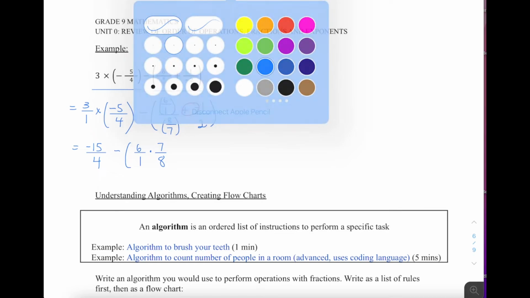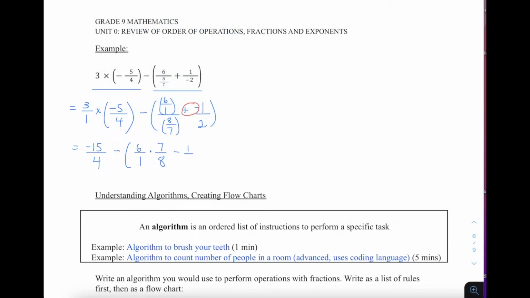So overall, this would be the same as subtracting 1/2 in that term. All right, so I cannot reduce or simplify negative 15 over 4, but I will perform the multiplication in the next bracket.